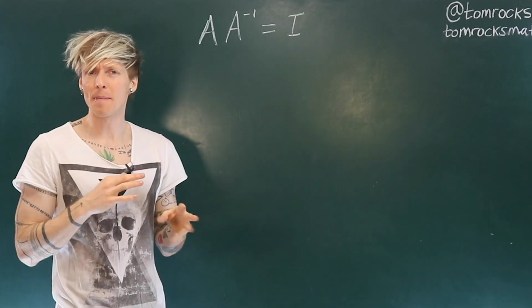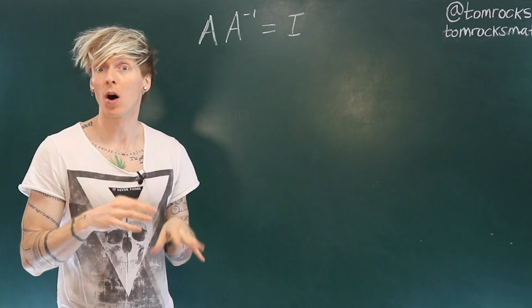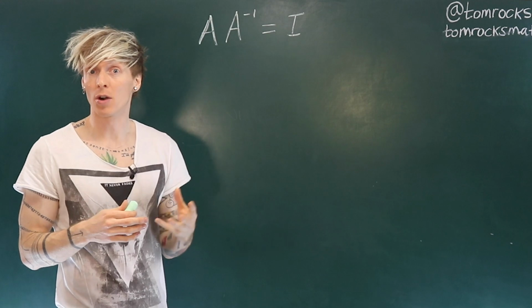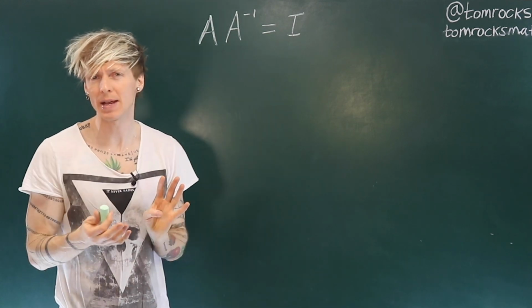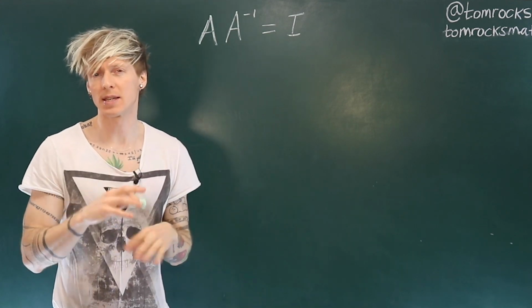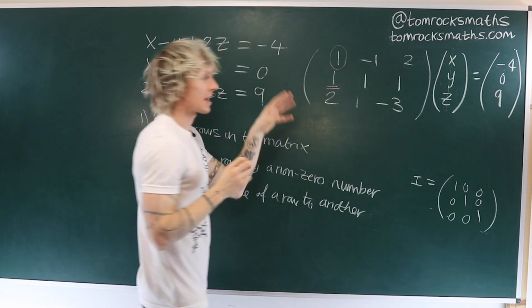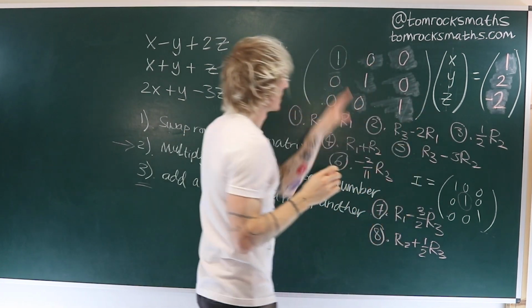Now you'll hopefully remember from the first video on elementary row operations that when applying EROs to the coefficient matrix when trying to solve a system of linear equations, we wanted to reduce the coefficient matrix to the identity.